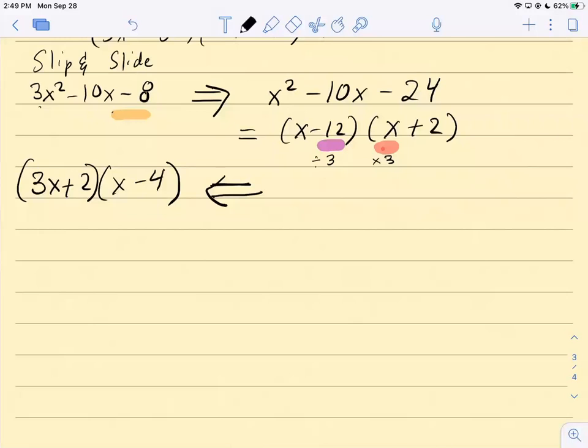You could also have done something else. I think if you want to make the other one 3x, you can do that. Then you just have to divide the 2 by 3. Let me see, would that work?